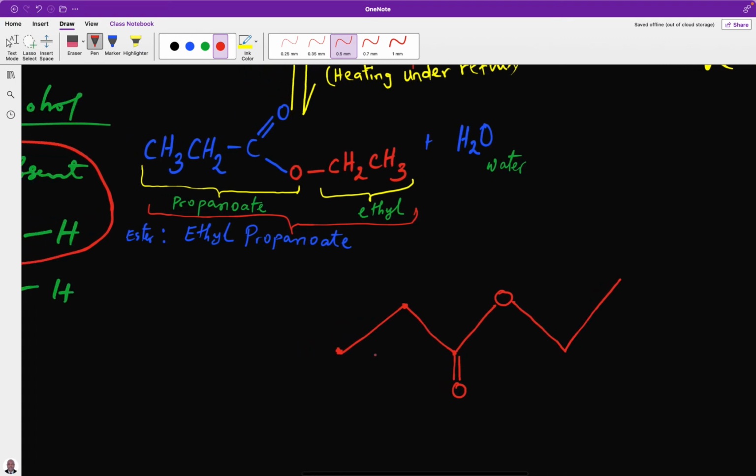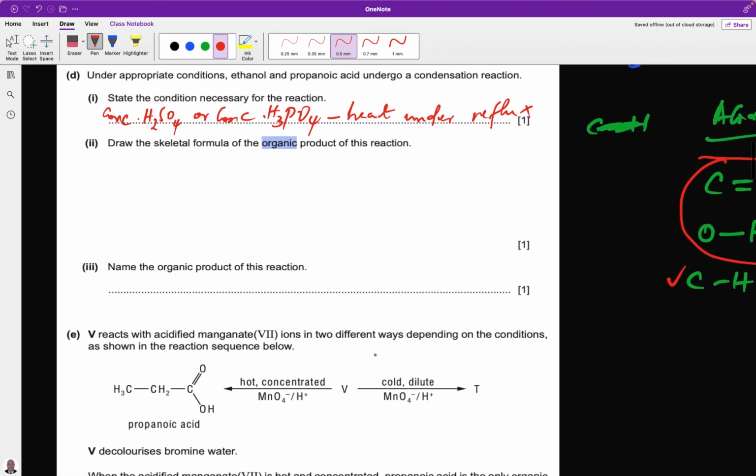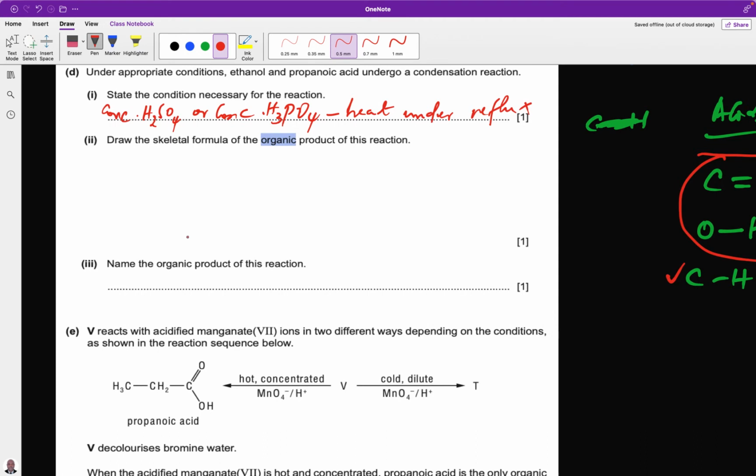So let's go back to our question paper and see how we can represent it there. In our question paper, as I said, this is the first carbon. It goes here. This is the second carbon. The second carbon now goes to the third carbon.